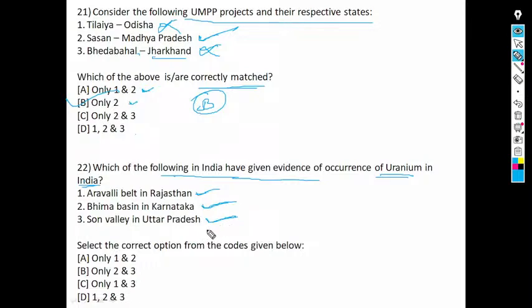These are all likely to have uranium deposition. So if uranium is found in all of them, then your answer is D for Delhi. These three states, Rajasthan, Karnataka and Uttar Pradesh respectively, show evidence of uranium deposits.